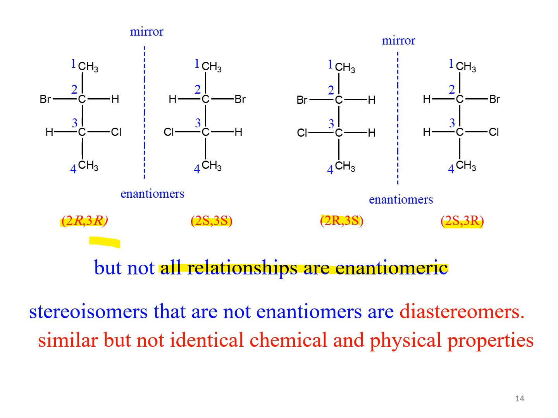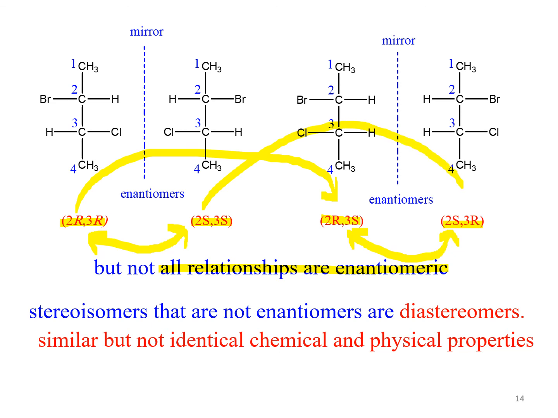Only 2 of these are enantiomers of each other, the 2R,3R and 2S,3S, whereas these 2 are also enantiomers, that is 2R,3S with 2S,3R. But these 2 and the other combinations are not enantiomers.